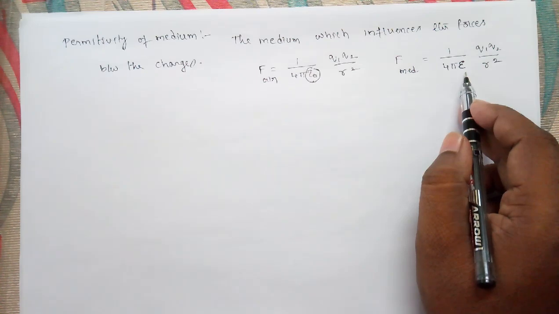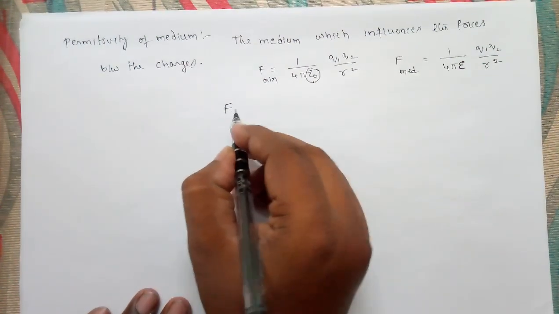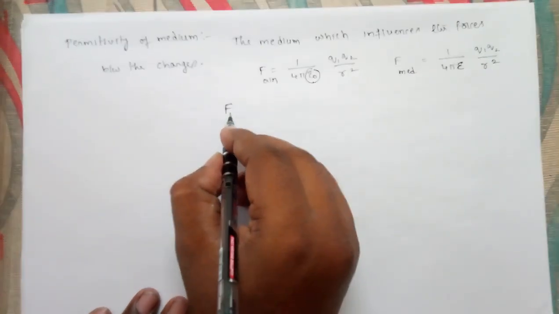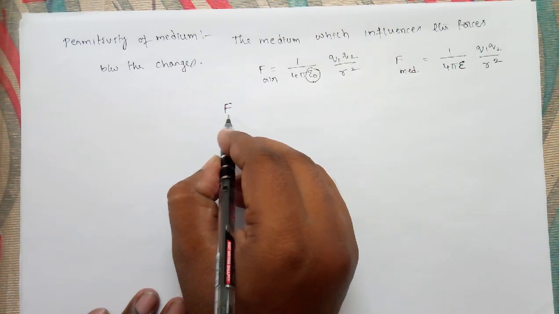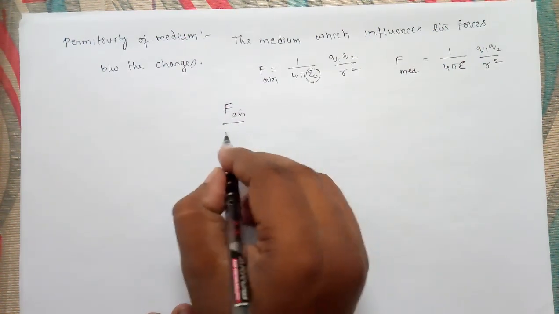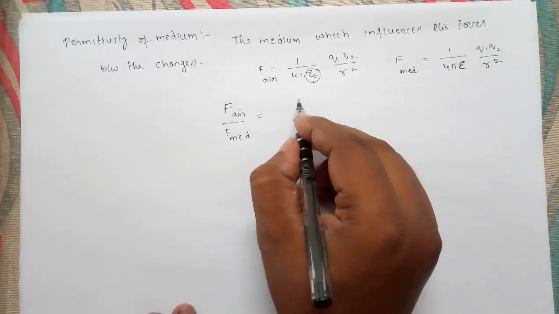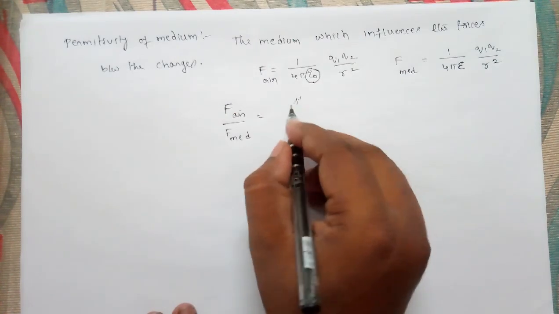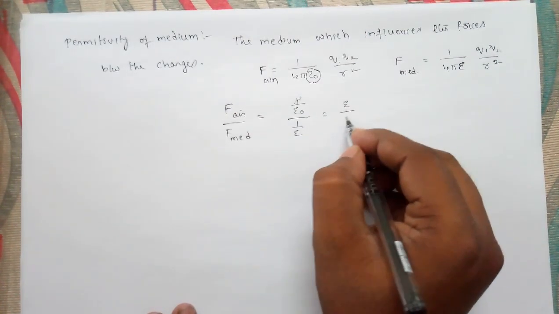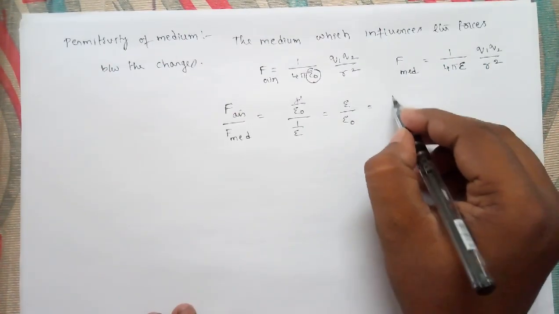Then you can write F air to F medium. Remaining all will be cancelled, so 1 by epsilon naught by 1 by epsilon, then you get epsilon by epsilon naught, that is the permittivity of the medium to the permittivity of free space.